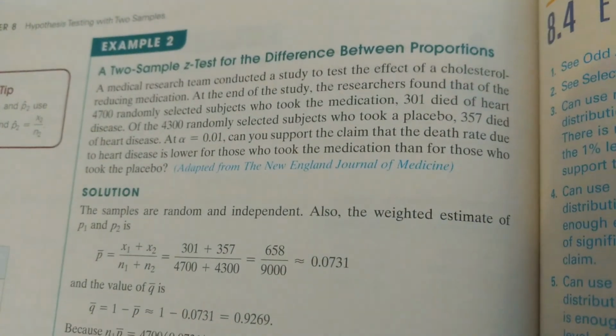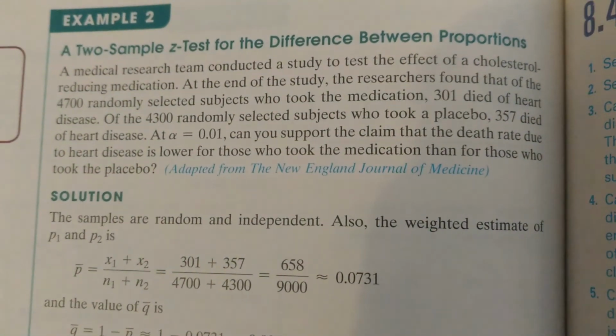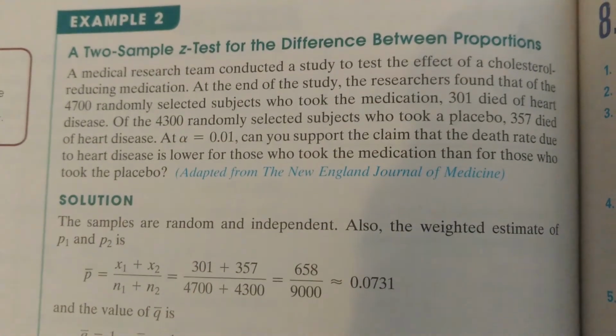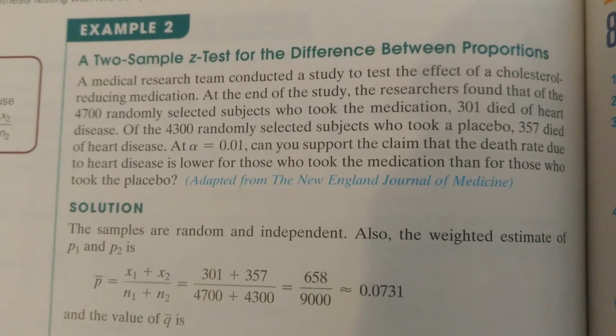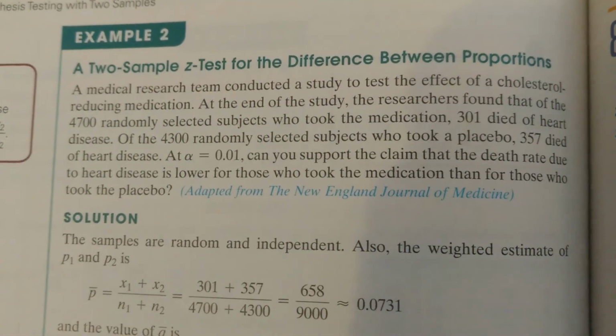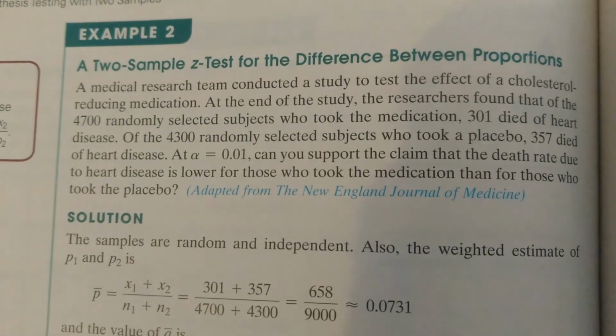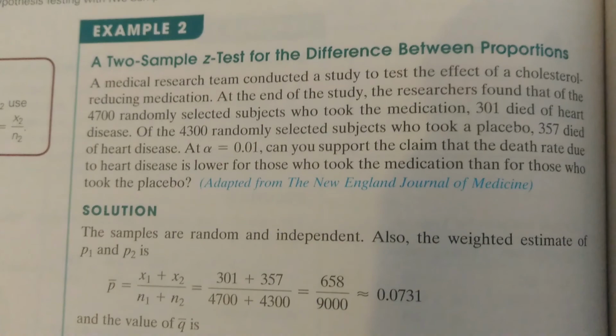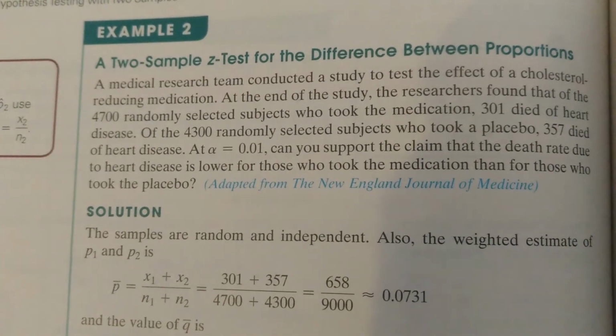Okay, now we're coming to example 2. Example 2 says, a medical research team conducted a study to test the effect of cholesterol-reducing medication. At the end of the study, the researchers found that of the 4,700 randomly selected patients who took the medication, 301 of them died of heart disease.